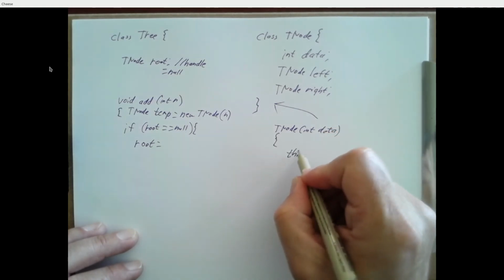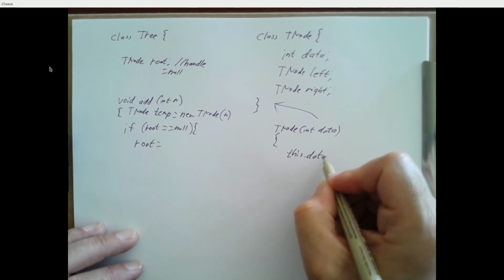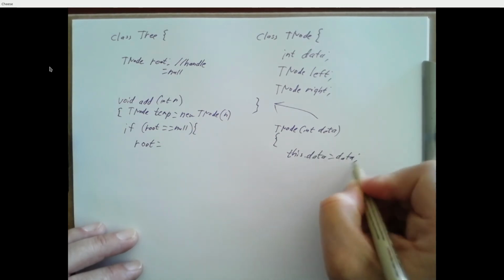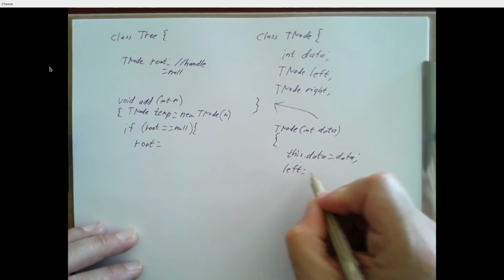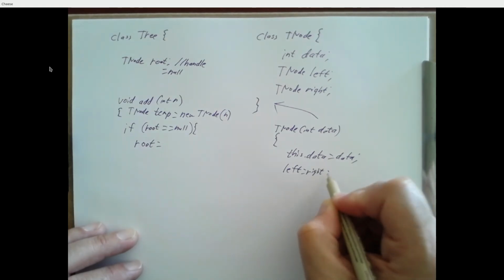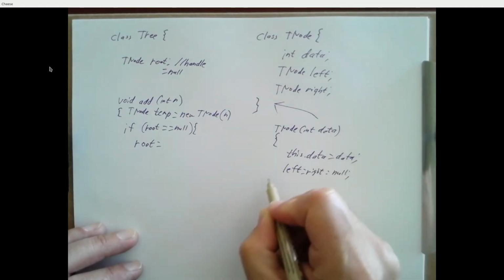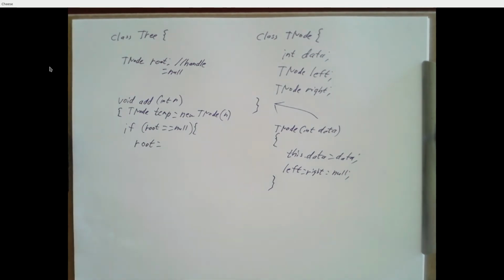So this.data equals data, left equals right equals null. Is that a good constructor? Looks good to me.